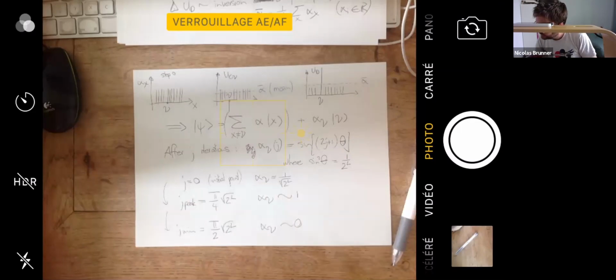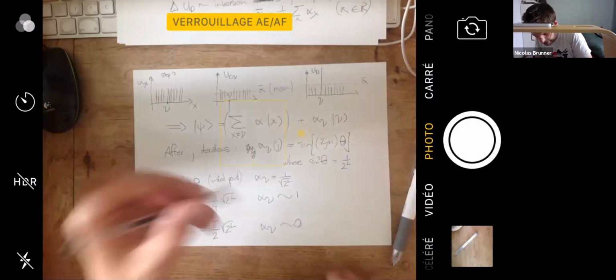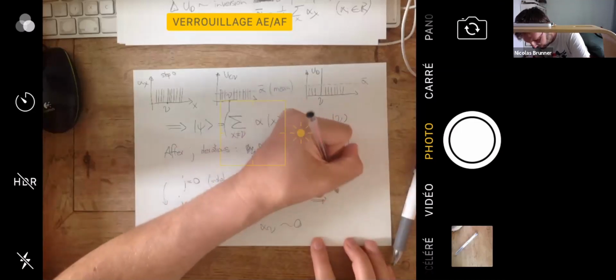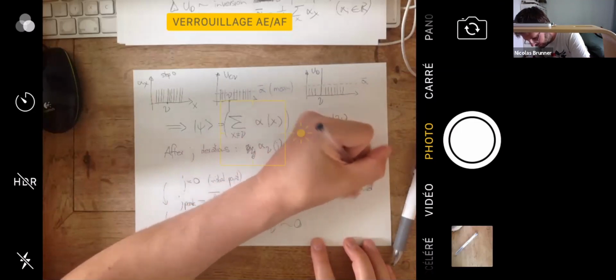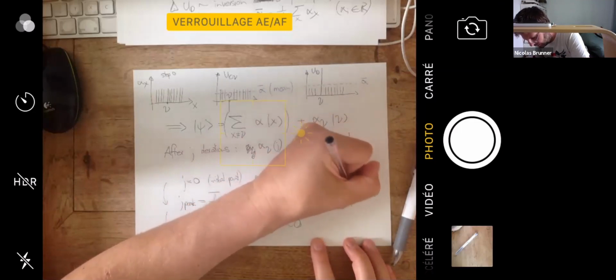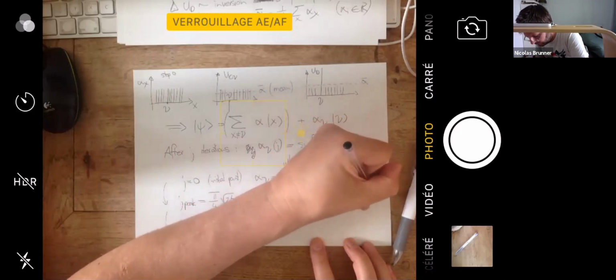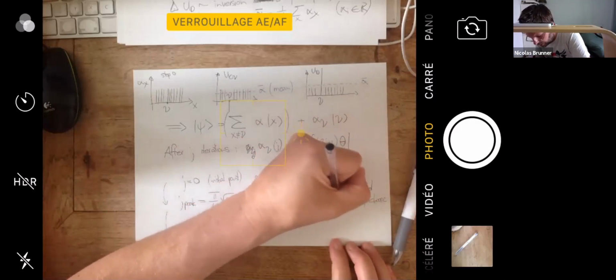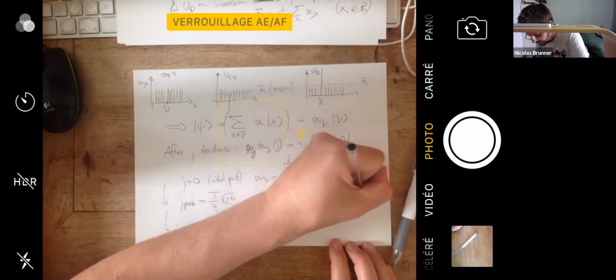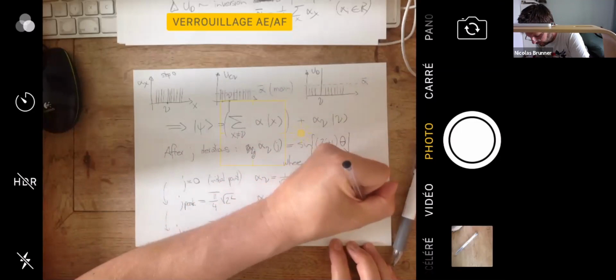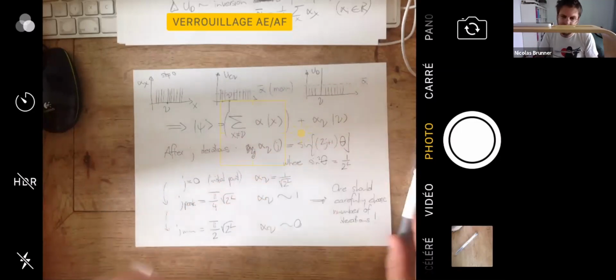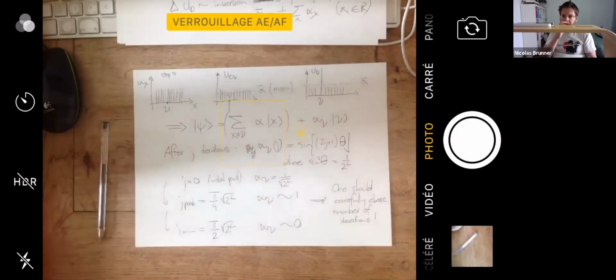So one should carefully choose the number of iterations. From that point of view, it's a very different type of algorithm than Shor's one.